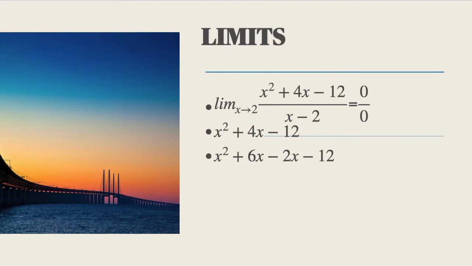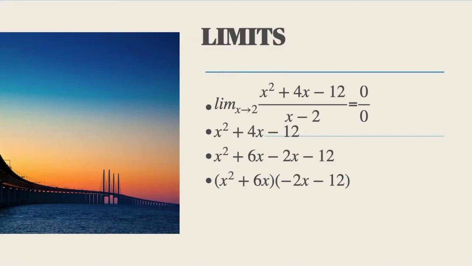Now, after doing that, we will group. So we have them in two defined brackets. Having them in brackets, I am now going to factor out what's common in the first bracket. So in the first bracket, you realize I have x squared plus 6x. What can I factor out? You should be seeing x.